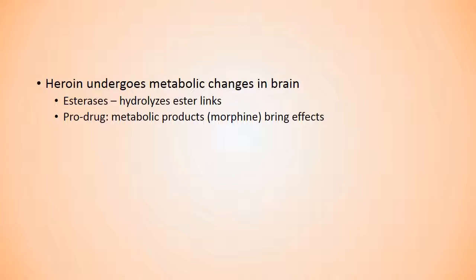So this is called a prodrug, where the metabolic product, which is morphine, brings the effects, which is really interesting. So all heroin is, is morphine, but it's had the polarity taken away from morphine to increase the solubility into the brain, and then it's just going to be broken back down into the structure of morphine. But because there's more of it in the brain, because it could pass into the brain, we now have a higher concentration, which is really crazy. And so it's just more morphine in our brain than what we could naturally get in there.